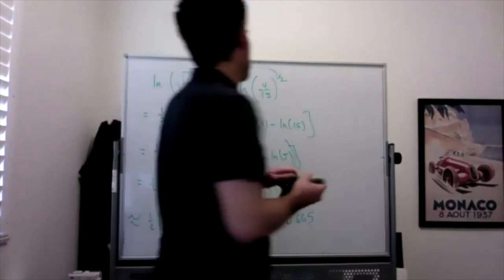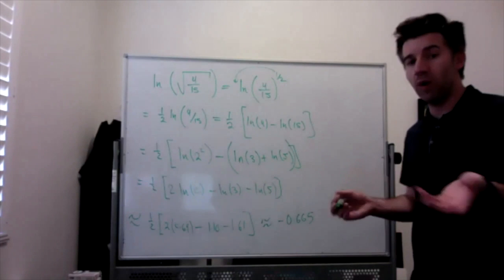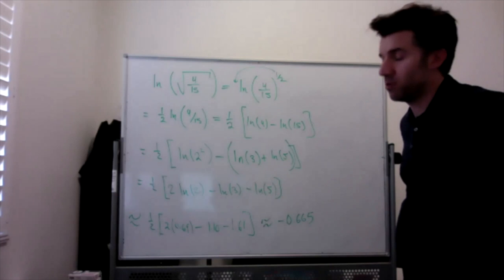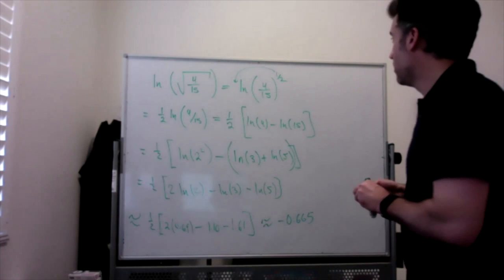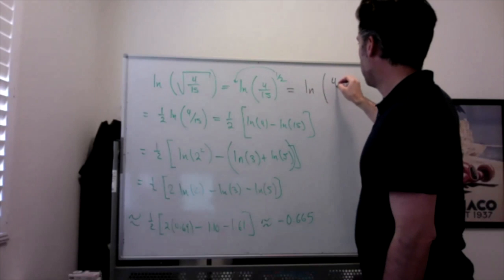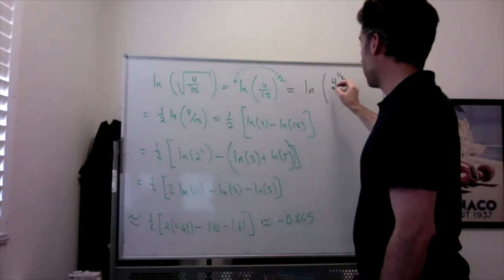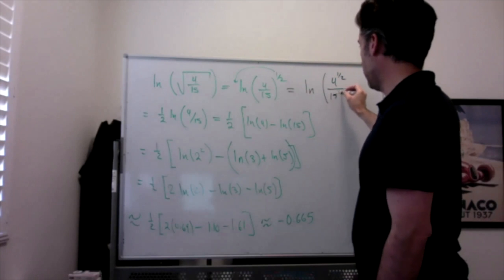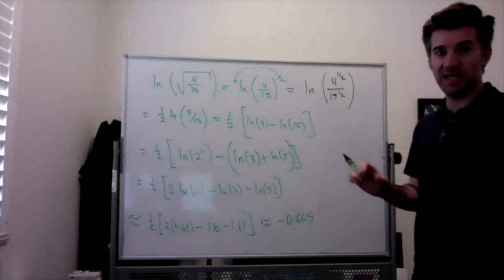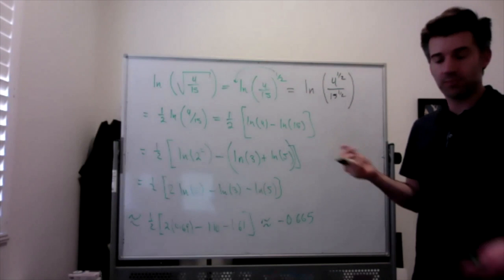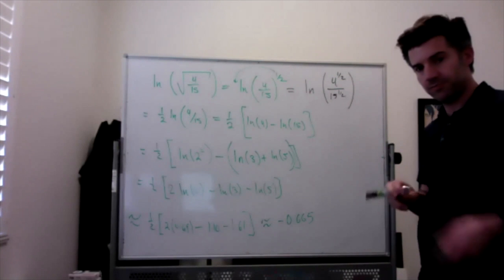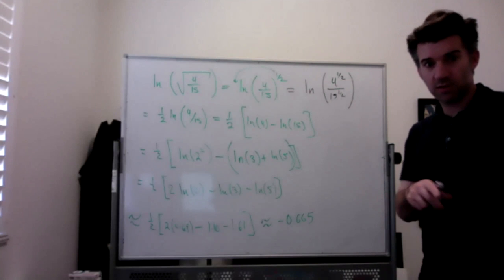Well, a different way you could go, you could write this as the natural log of 4 to the 1/2 power over 15 to the 1/2 power. But we can't actually multiply those numbers by 1/2. Thank you, it's a good question.